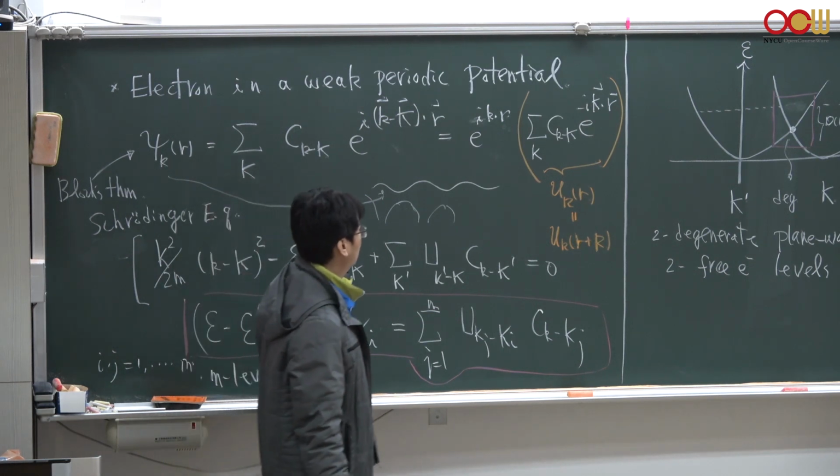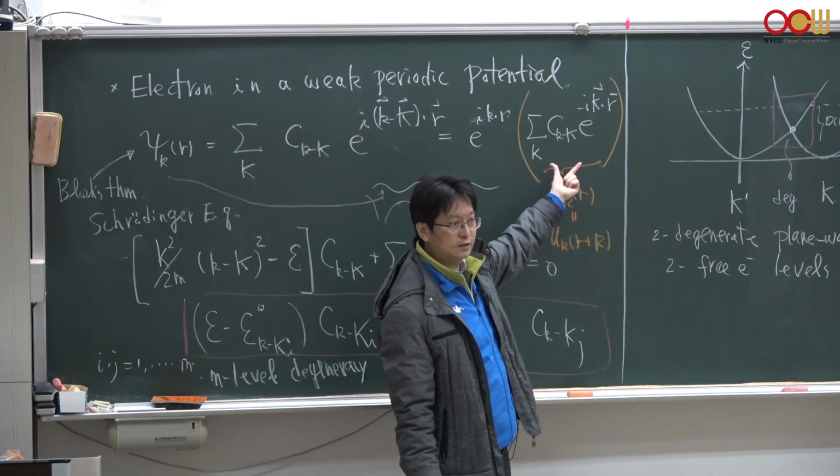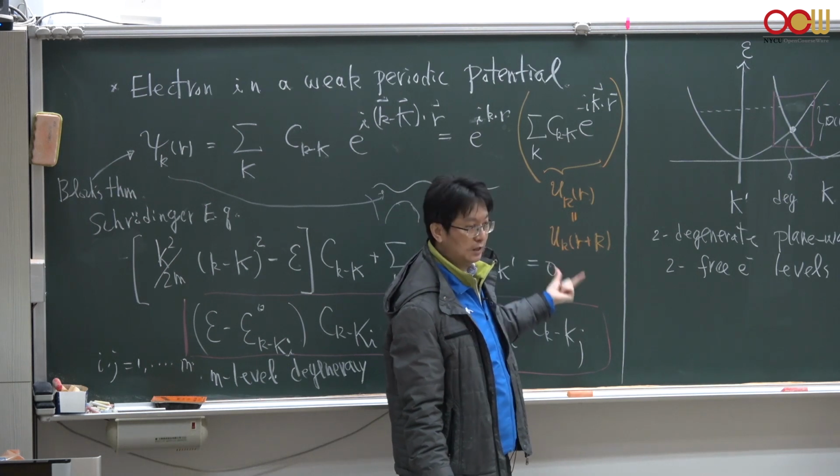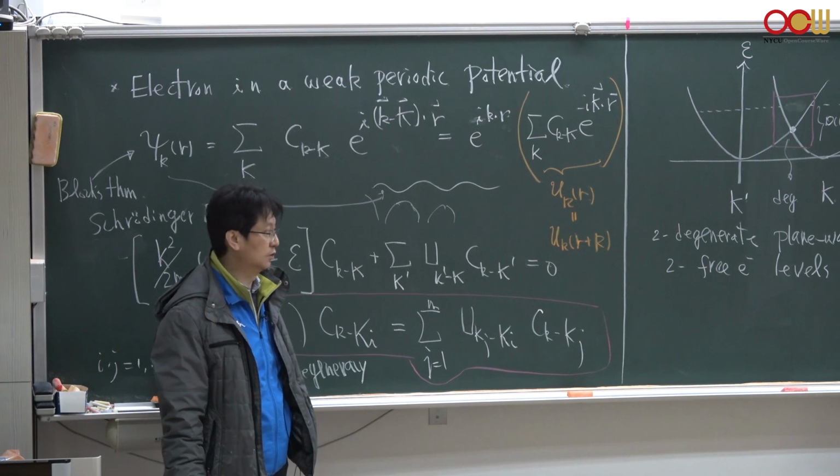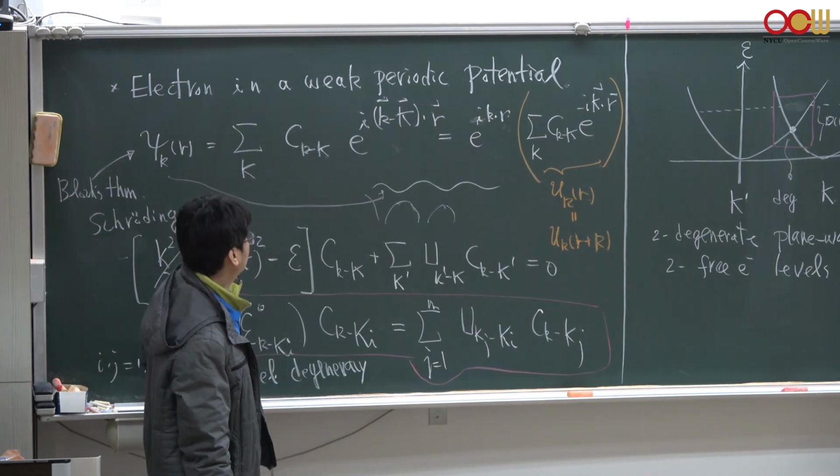And you can show that this stuff inside this orange bracket satisfies the periodic properties of this function u. And this is our starting point.